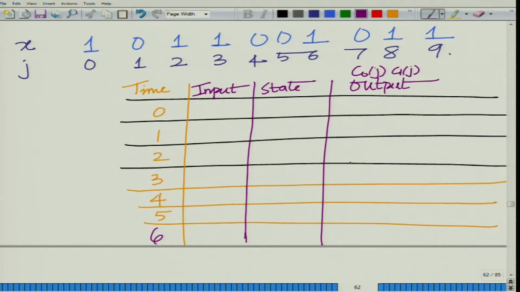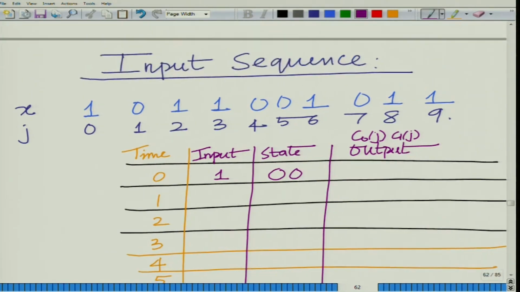Now at time 0, the input is 1, correct? We will assume that the state is 0 0. That is, assume state 0 0 at time equal to 0, which means that we are saying that xj minus 1, that is x of minus 1 and x of minus 2 are 0. It is the same assumption that we have considered in the previous module, that is the previous inputs which we ignore, that is we have to start somewhere, correct, and the convolutional code depends on the previous input, so we consider them to be 0, which means that basically we are starting from the state 0 0, which is a reasonable assumption.